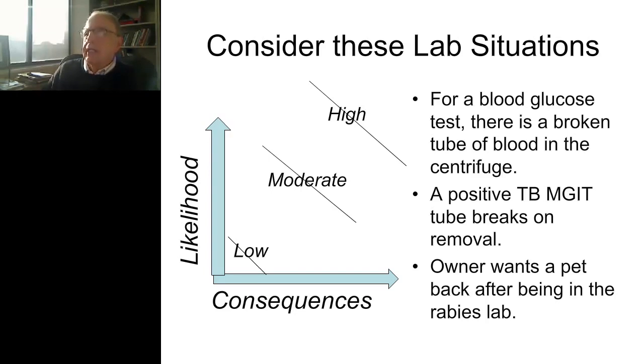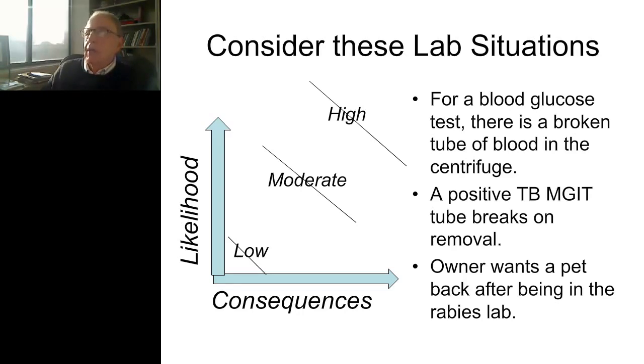In this example, if a positive TB midget tube breaks on removal, well, that's a very high likelihood of exposure to aerosols, and also moderate to high consequences, because that could be a multi-drug resistant TB. You don't know at this point. So here's another situation.